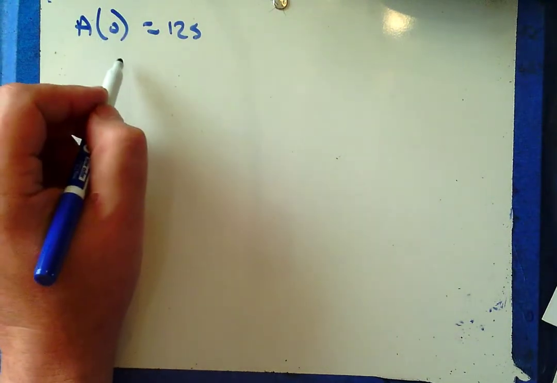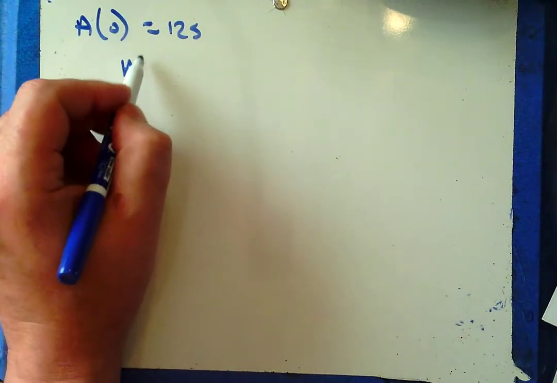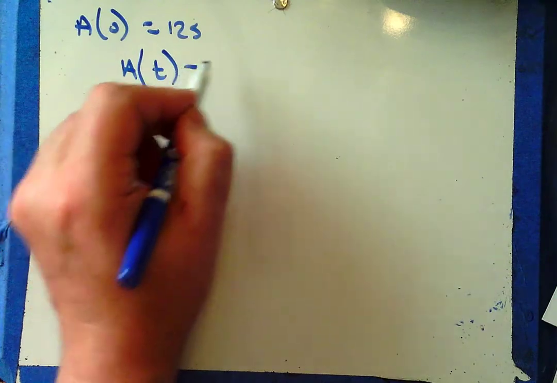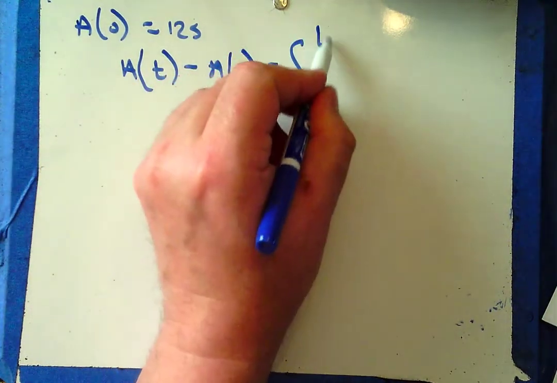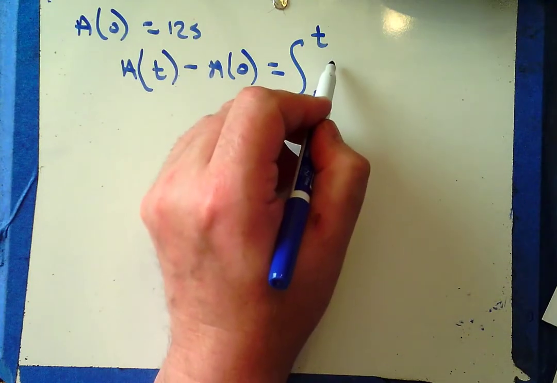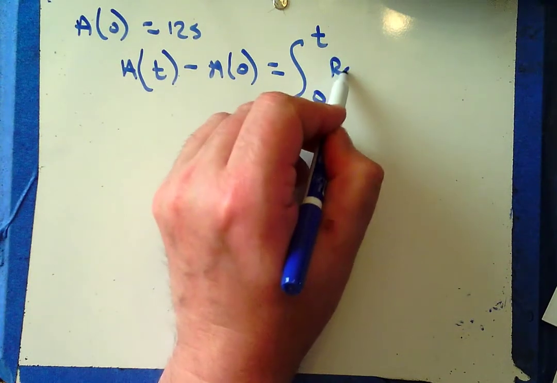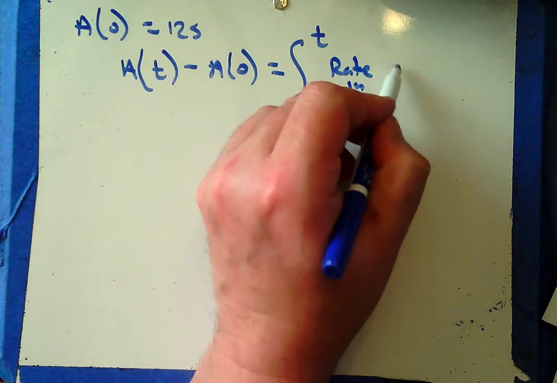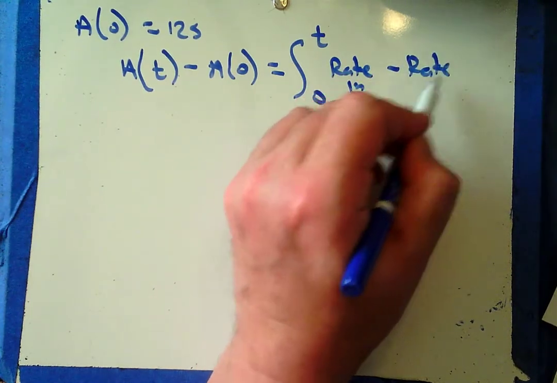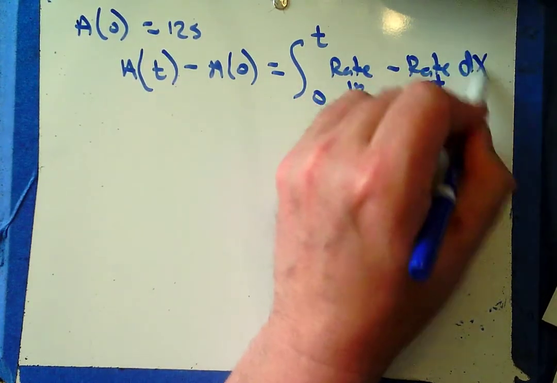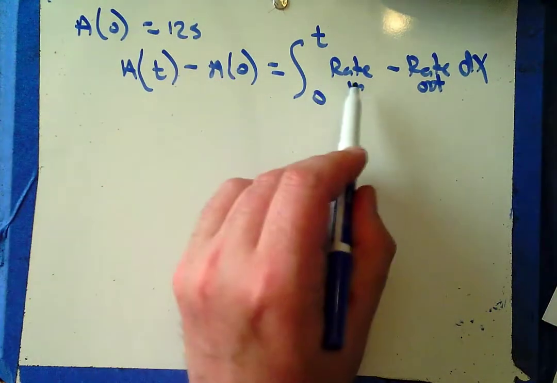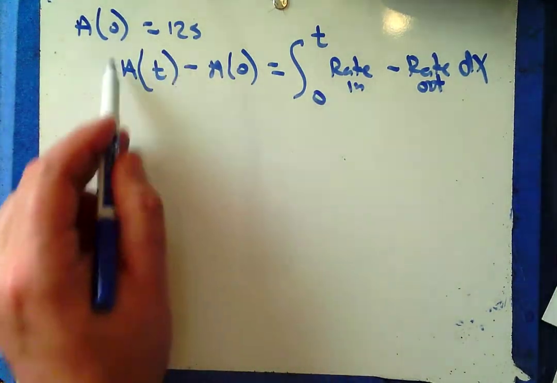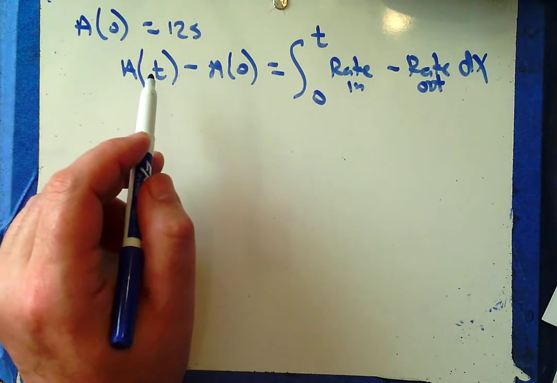And in these rate in, rate out problems, we can do a generic sort of A of t minus A of 0 equals the integral from 0 to t of the rate in minus the rate out dx. And so we'll add this initial amount to this integral to have an amount at certain times.